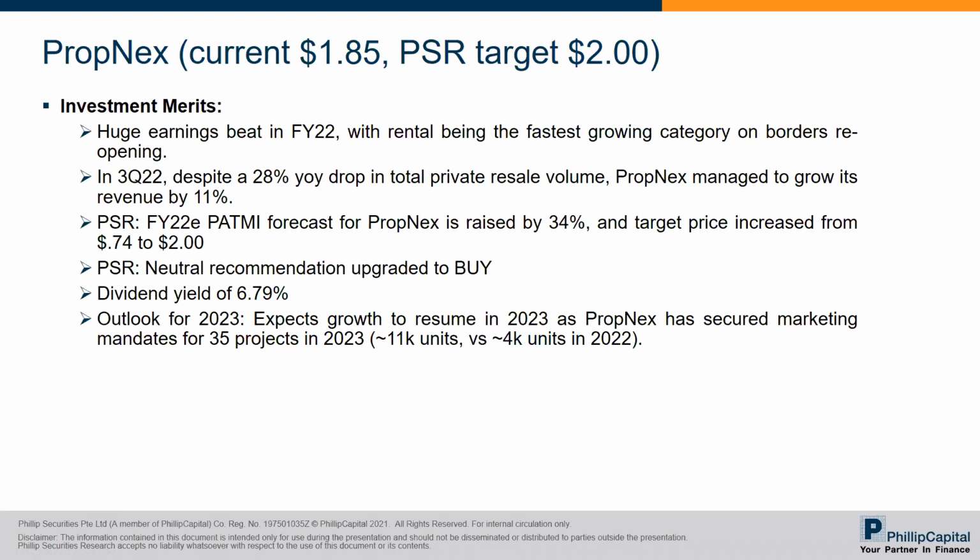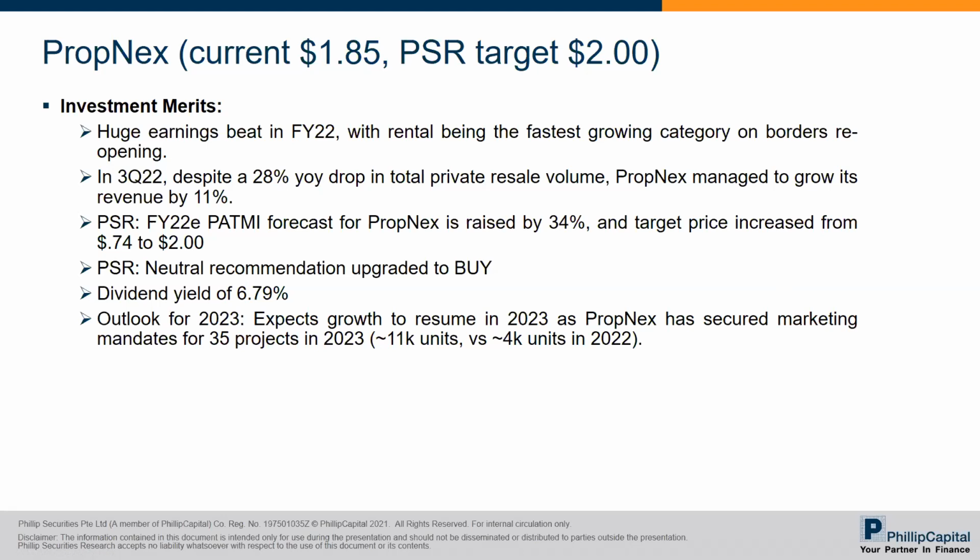And then the forecast for Propnex for next year is also still quite positive, because at the moment they have already managed to secure exclusive marketing mandates for 35 projects for 2023 this year.